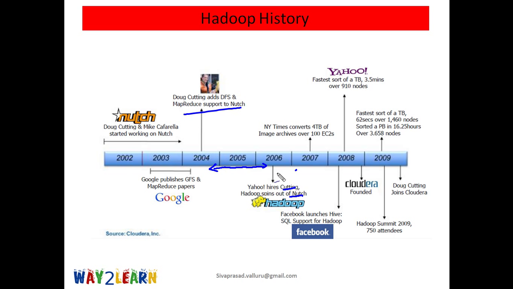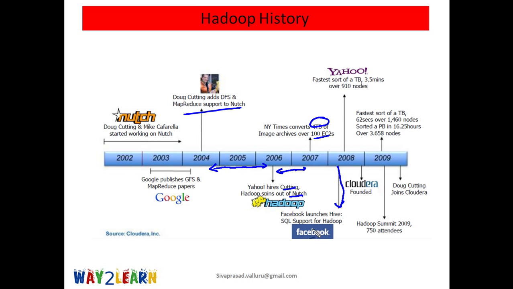Hadoop was gaining popularity and it was used by many companies like the New York Times, which set a record of converting 4 terabytes of images over a 100 node cluster. And in 2008 Facebook launched Hive, which gave SQL support for Hadoop.